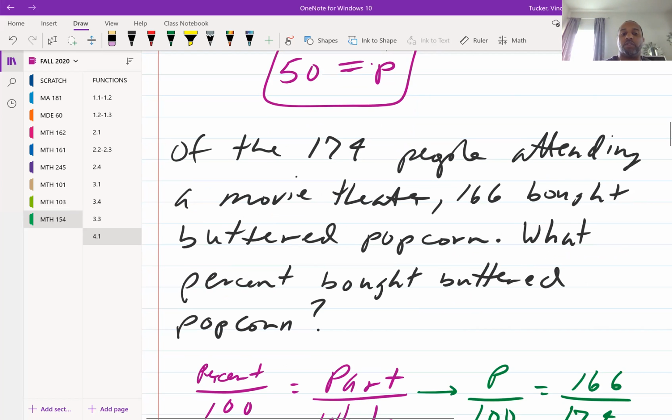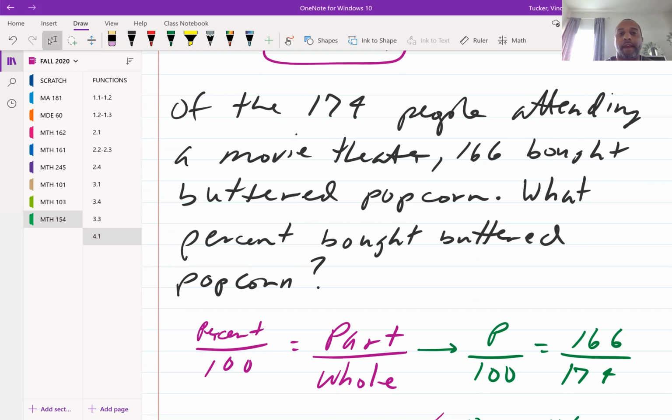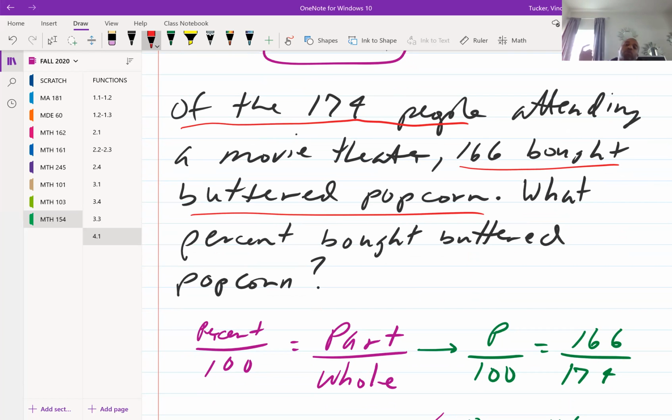So percentage is the unknown piece. We have a total of 174 people. 166 of them bought the buttered popcorn. So the 166 is the part, and the whole, the total amount of people, is the 174. So we do P over 100 because we want to know what percent, and 166 over 174.